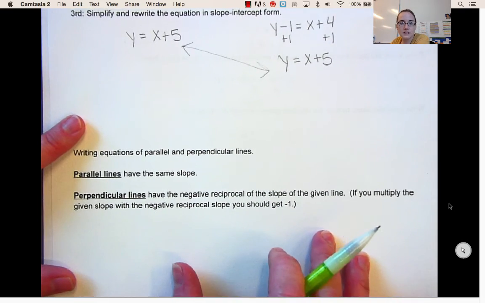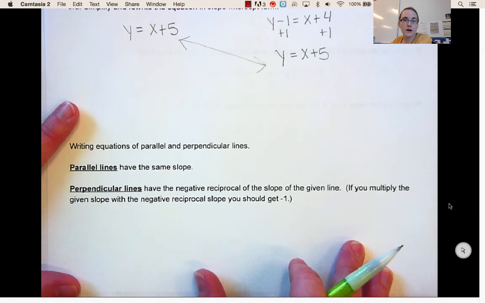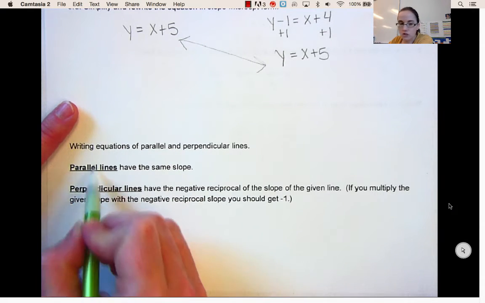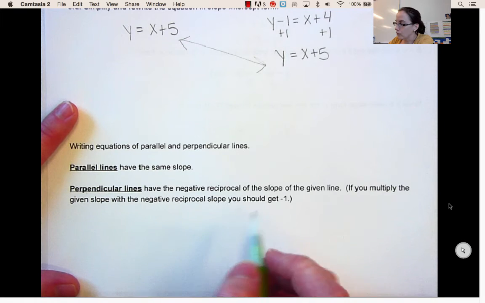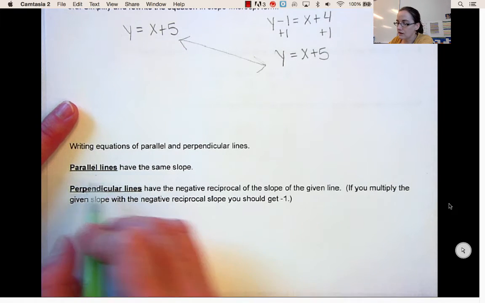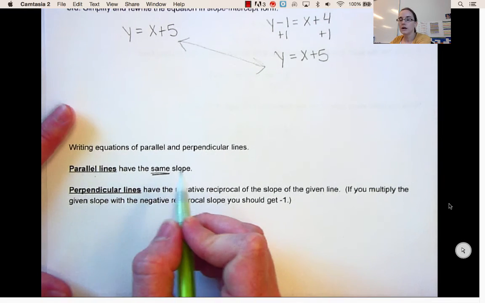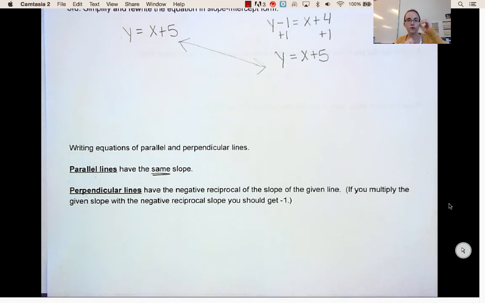And the last thing that we're going to learn in this lesson is how to write equations of parallel and perpendicular lines. This information is really, really important. If you're writing an equation of a line that is parallel to another one, they will have the same slope. And you can think about that in terms of, if you have a starting point, in order to keep those lines from ever intersecting, you have to move up and over the same amount each time.